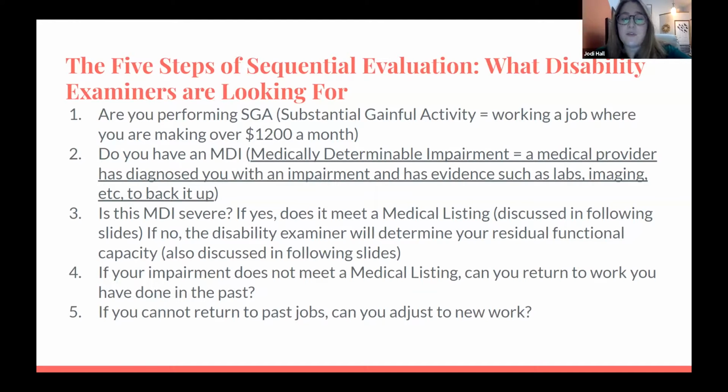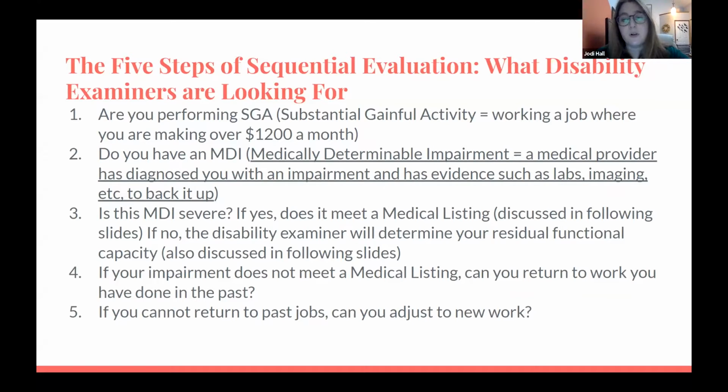Then, does your impairment meet a medical listing? The Social Security Administration has some predetermined diagnoses where if you meet them along with a couple other criteria points, then you automatically get disability. There is a systemic vasculitis listing where if it involves more than one body system, you could be eligible.